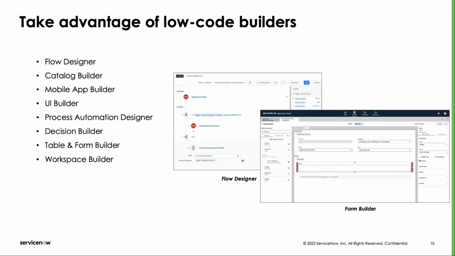But it's not just a collection of builders. It presents those builders in a logical way. So it shows you these different builders in a way that makes them relevant to what you're doing. So table and form builder while you're building data for your application. Process automation designer, decision builder, flow designer while you're building automation and logic for your application.